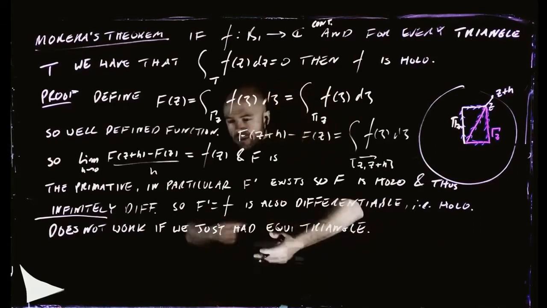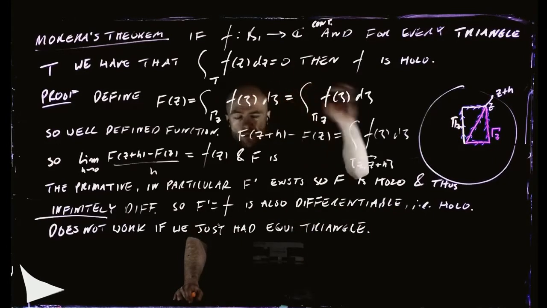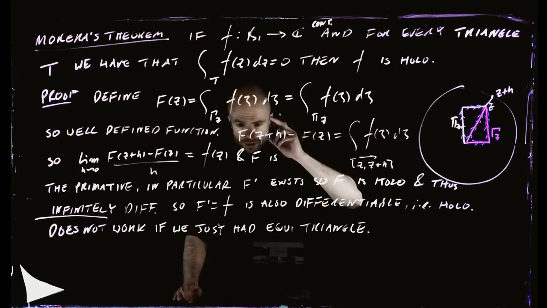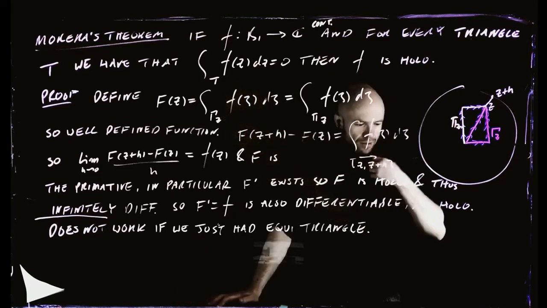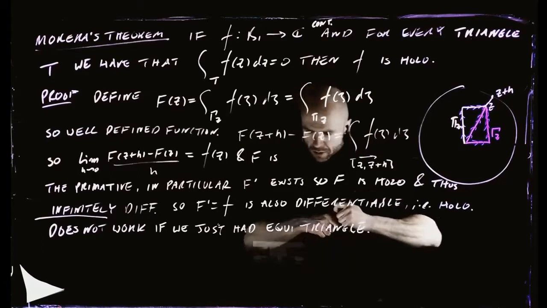So let's give ourselves this hypothesis that this is true just for equilateral triangles, every equilateral triangle inside the ball. But let's give ourselves an additional hypothesis. The second derivatives of the u and v exist. So this is what I mean.